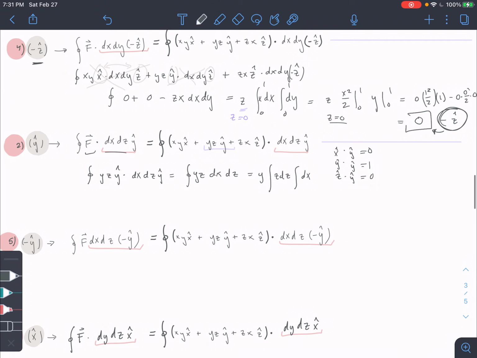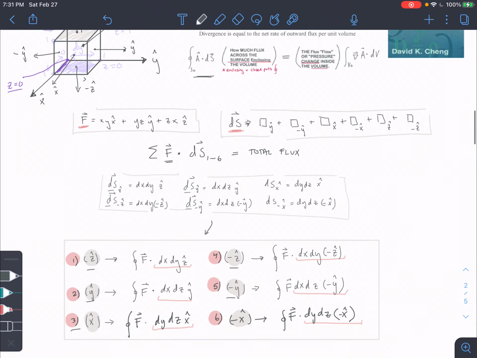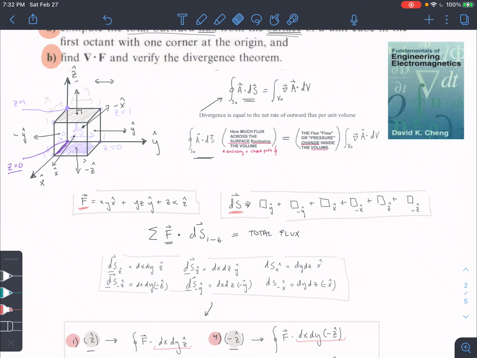So let's find our bounds for z, dz, and dx for the positive y hat side. Let's go up here and look at our positive y hat side. I'm going to again try to erase some of these things to clean up what we're looking at when we look at our positive y hat side, so we can try not to get too confused with what's going on with the figure. Just trying to keep it a little bit neater, even though it's tedious.